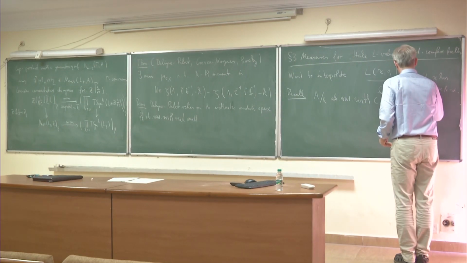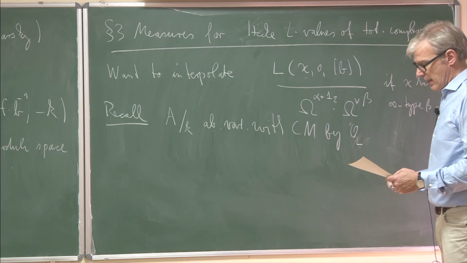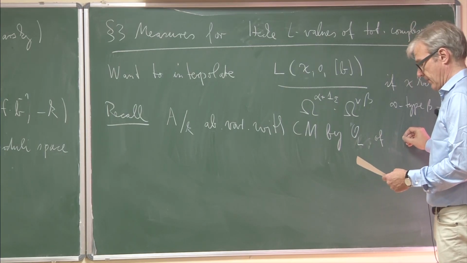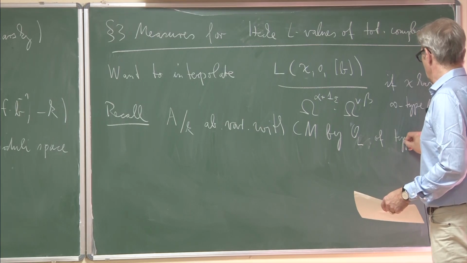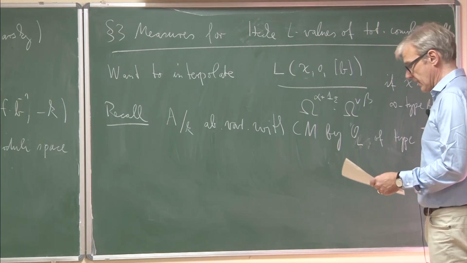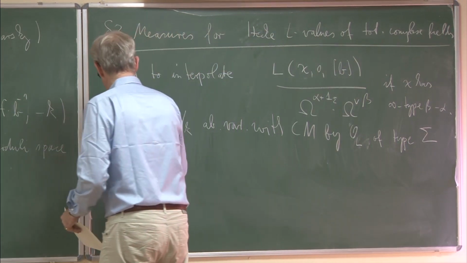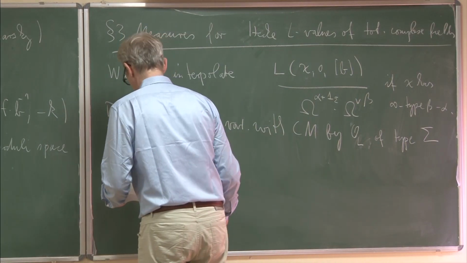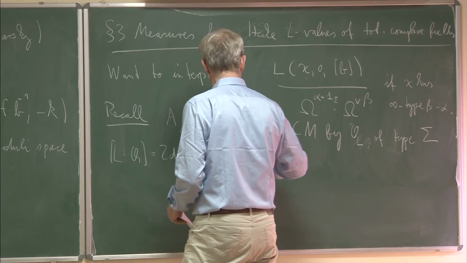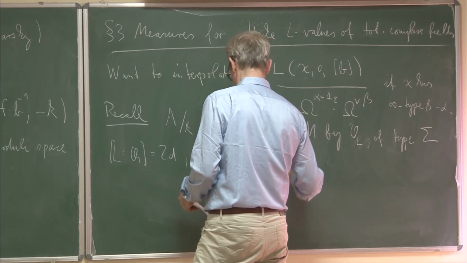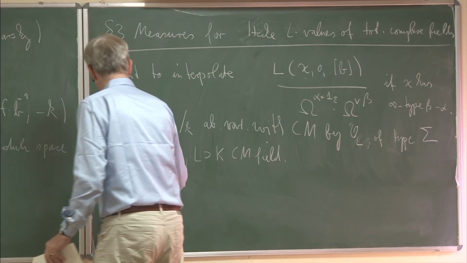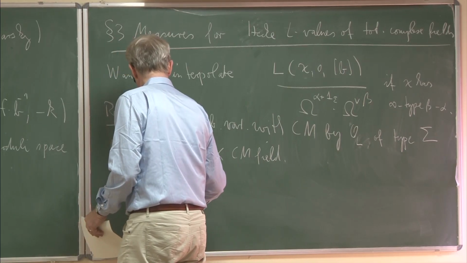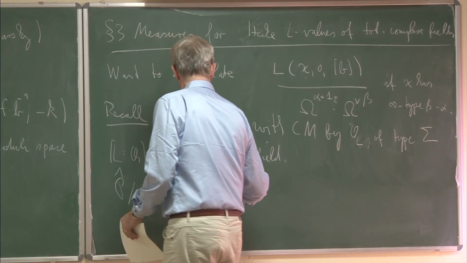So L is now this totally complex number field, of CM type sigma, and L over Q is of degree 2D, and L contains a CM field. Okay, and then we had also the completed Poincaré bundle.